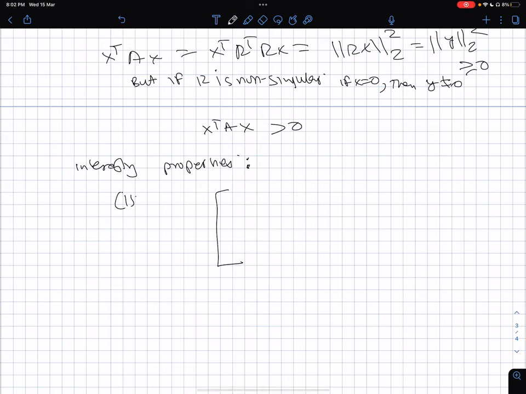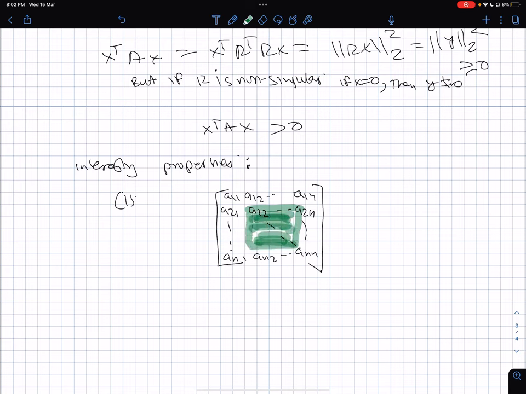So I have this matrix A11, A12 to A1N, A21, A22 to A2N, and AN1, AN2 to ANN, and I look at this matrix and I extract any square submatrix like this.